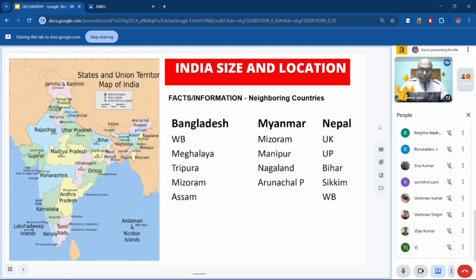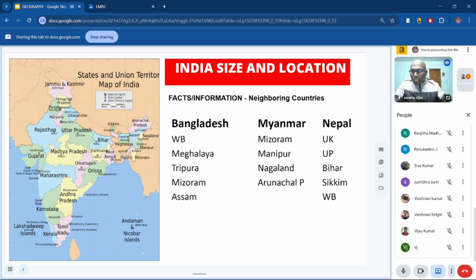Next. Bangladesh: West Bengal, Meghalaya, Tripura, Mizoram and Assam. These states have borders with Bangladesh. Then Mizoram, Manipur, Nagaland and Arunachal Pradesh have borders with Myanmar. Then Uttarakhand, Uttar Pradesh, Bihar, Sikkim and West Bengal have a border with Nepal.